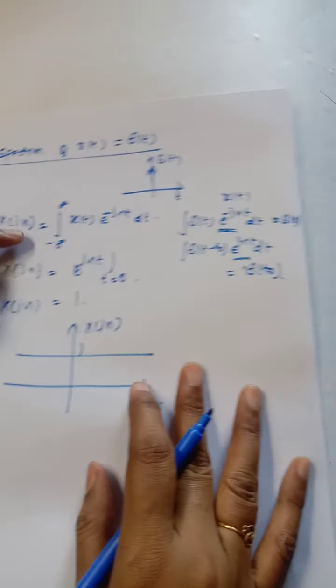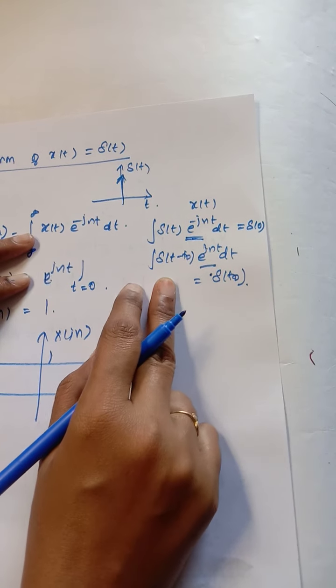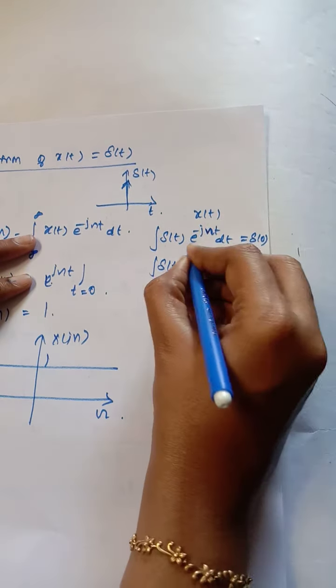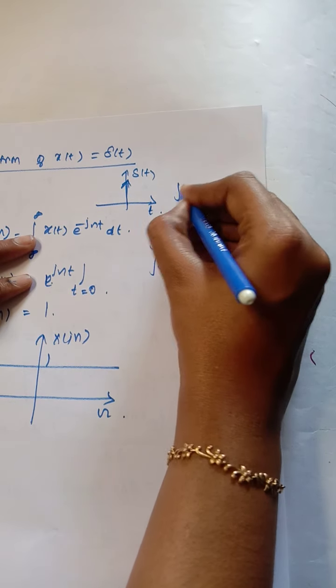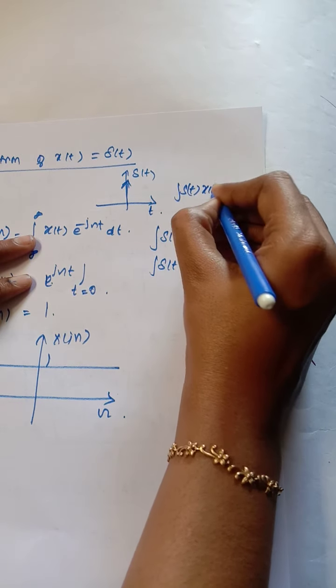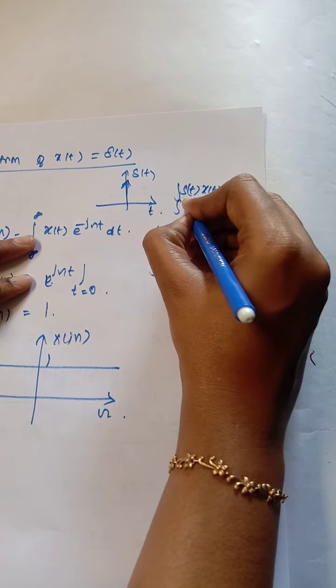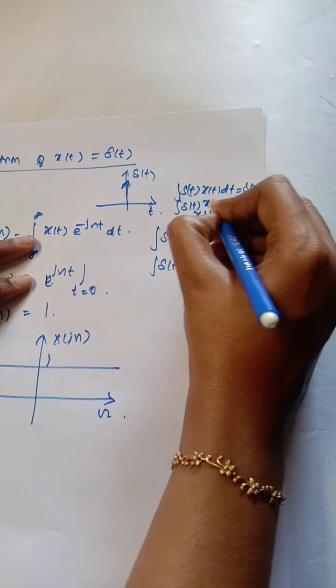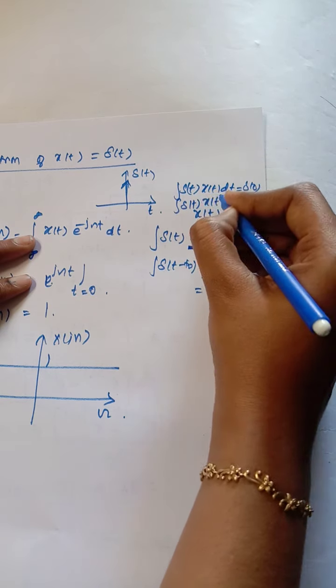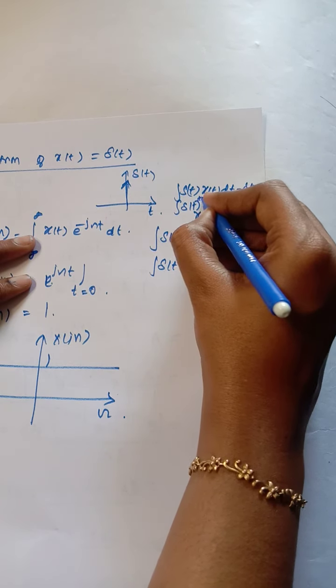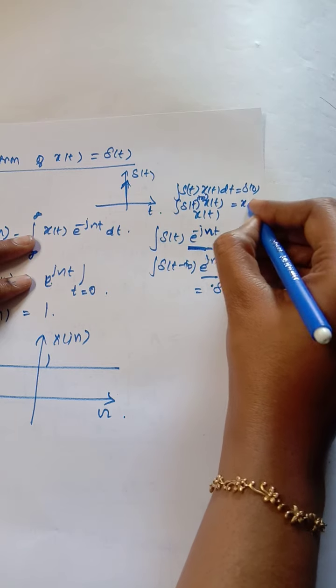Okay, understood these two properties of an impulse. We have studied that the integral of del of t x of t dt is equal to x of 0, and with del of t minus t naught, you will have x of t naught.